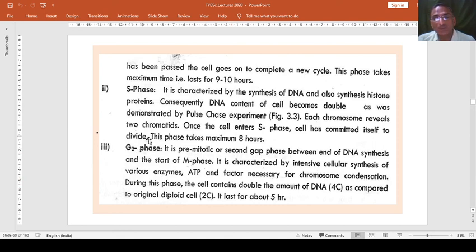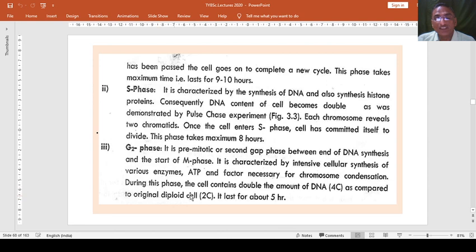Means in G2 phase, not only the post synthesis occurs, but the cells make themselves very prompt and ready for further activity. Therefore, they synthesize not only DNA material but enzymes, then activate adenosine triphosphate molecules, and condensation of the chromosome is also seen in this G2 phase.